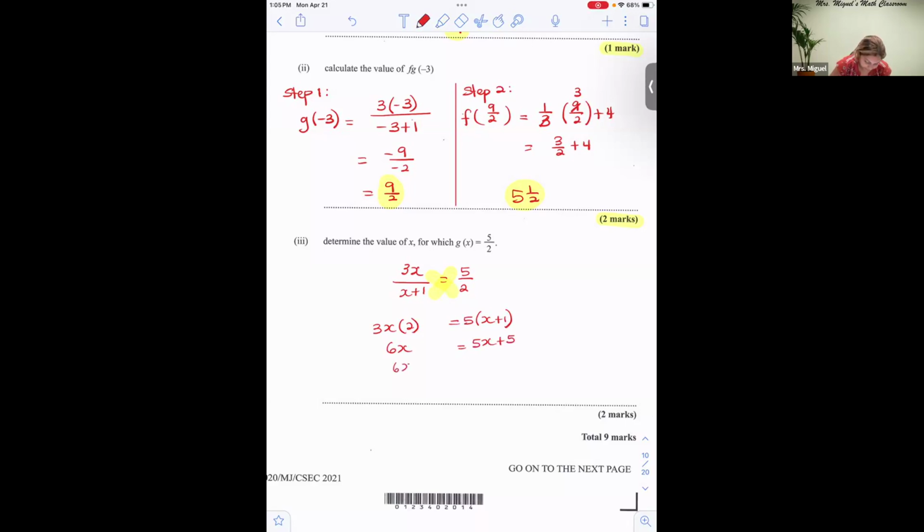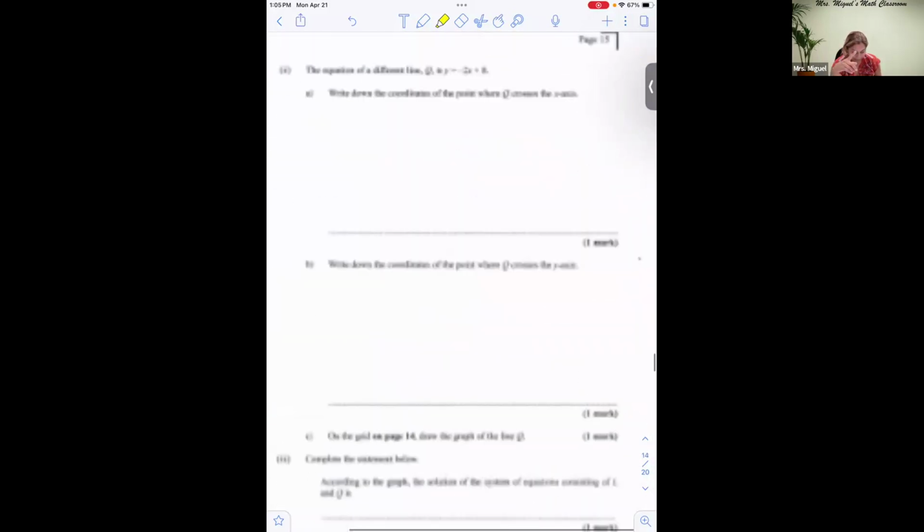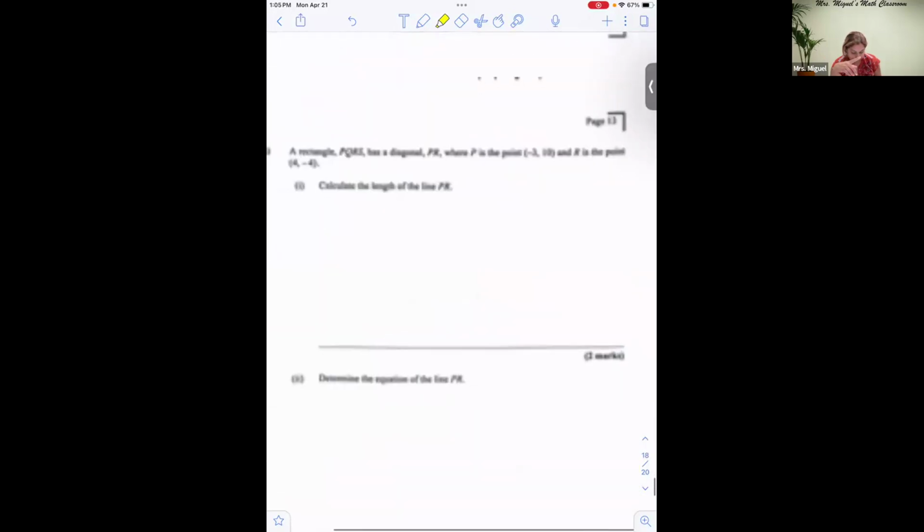So 6x take away 5x is equal to 5. So x is equal to 5. Now really and truly, this wasn't bad for 2 marks. But they required that you know that you had to put the g of x function equal to 5 over 2. So we have one part again to do, and then we're going to coordinate geometry.